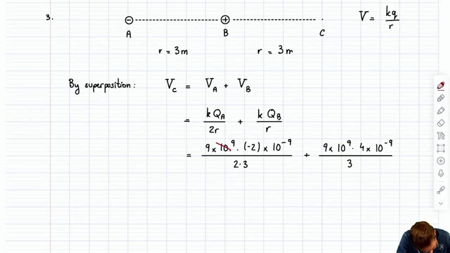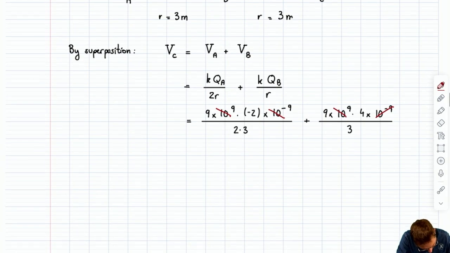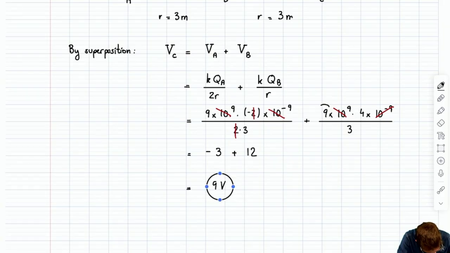Okay, so then this cancels this, like that. And then the 2's go away. And I get minus 9 over 3, which is minus 3, plus 9 over 3 is 3 times 4 is 12. So I get 9 volts. And it's a number, so there's no direction, right?